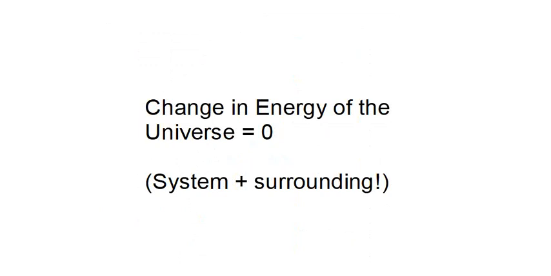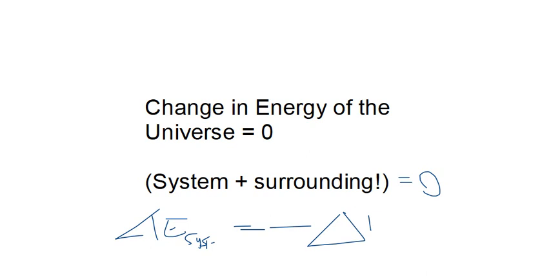So the keystone concept of this whole unit is that the change in energy of the universe is equal to zero. What this means is that the energy of the system plus the surroundings is equal to zero, and that can also be written as the change in energy of the system is equal to the negative change in energy of the surroundings.